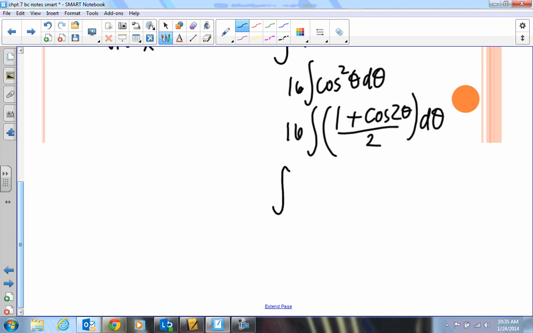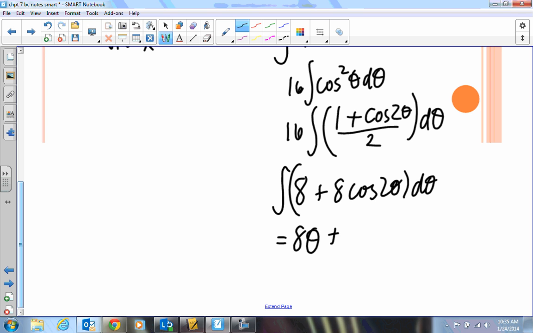So this is the integral of 8 plus 8 cosine 2 theta, or I could have just had an 8 out in front. Okay, so this is going to be 8 theta plus 8 sine 2 theta over 2 plus c.